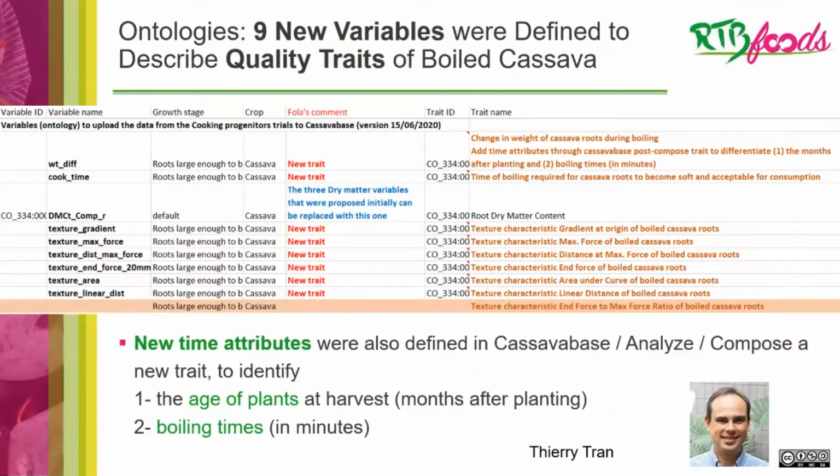In CassavaBase, for instance, 9 new variables were defined to describe quality traits of boiled cassava. And with those 9 variables, you can combine with age of the plants and also different boiling times, post-composing new traits.